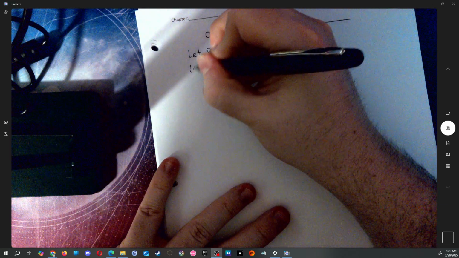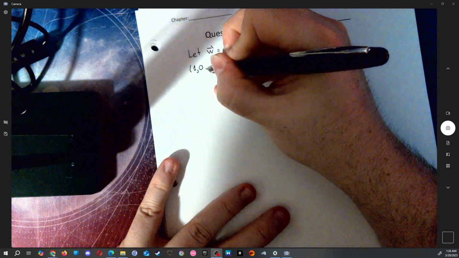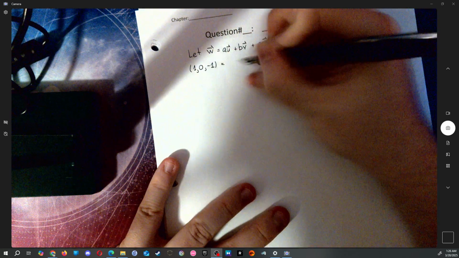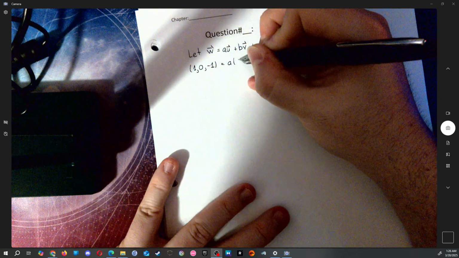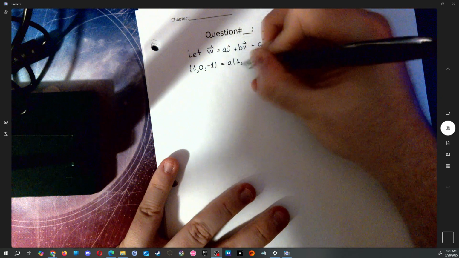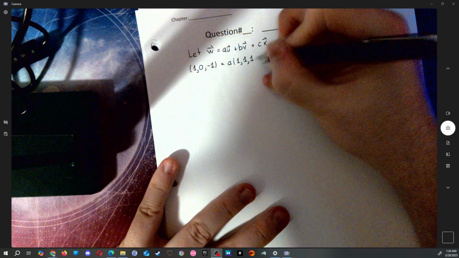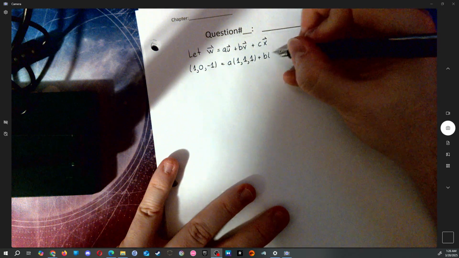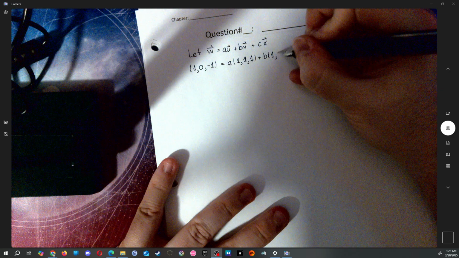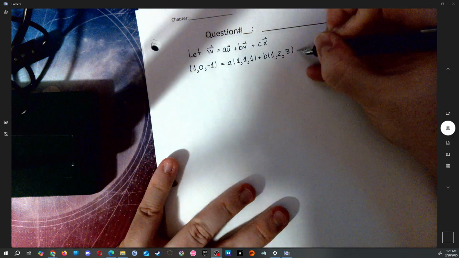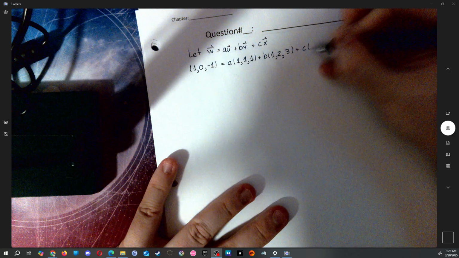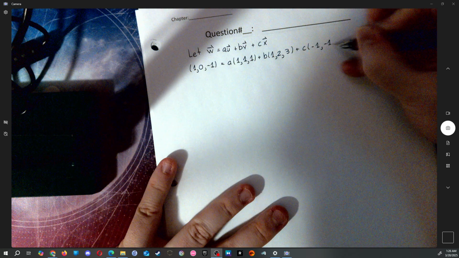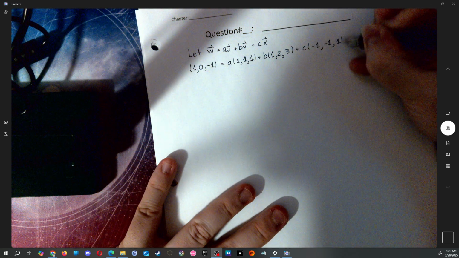We've got (1, 0, -1) is equal to a times our vector u, which is just (1, 1, 1), plus b times v, which is (1, 2, 3), plus c times (-1, -1, 1).